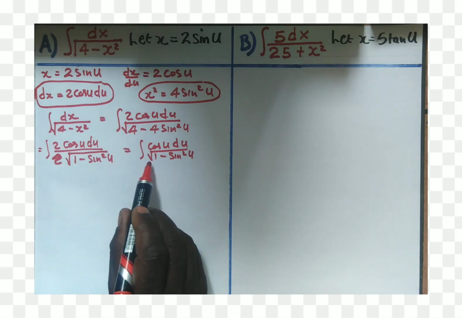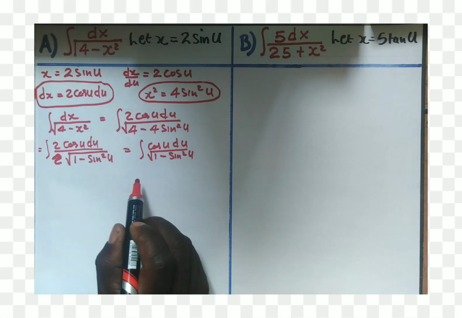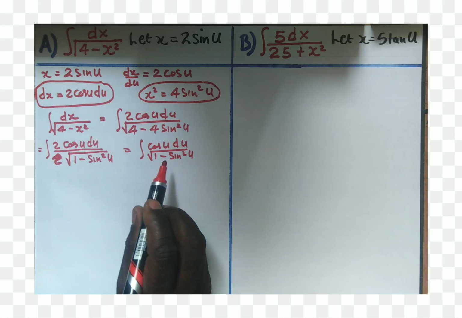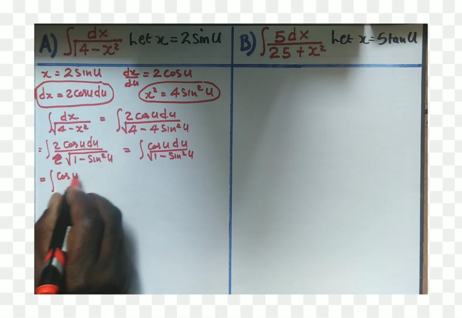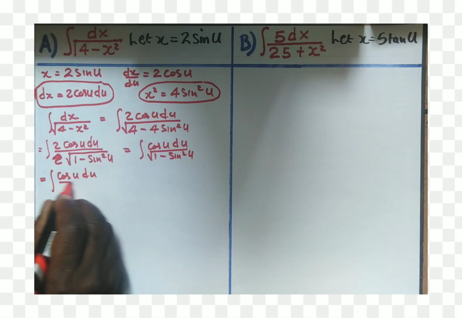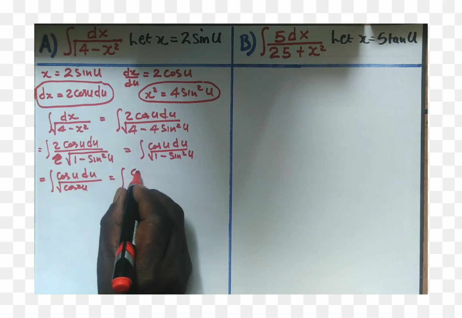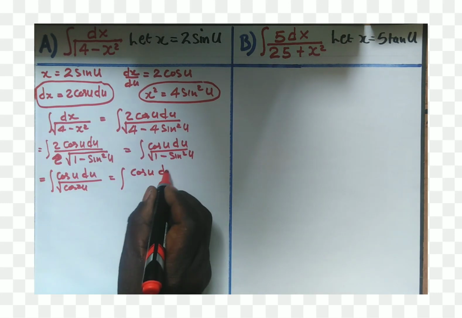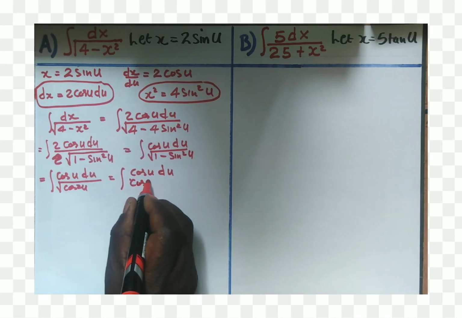So we have a cos squared u inside the square root sign, which obviously becomes just cosine of u. Let's write it slowly. So it becomes cosine of u du, all this over the square root of cos squared u, which is equal to cos of u du over cos of u.